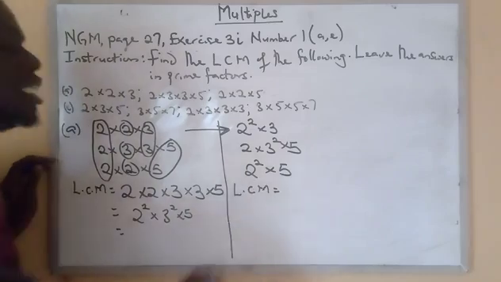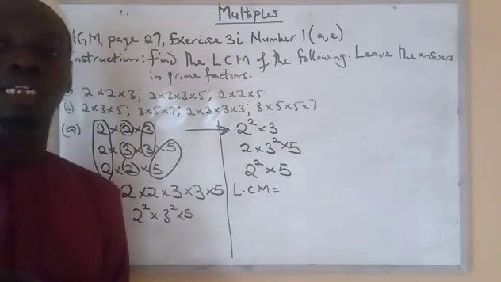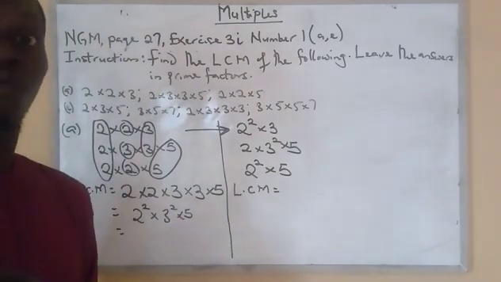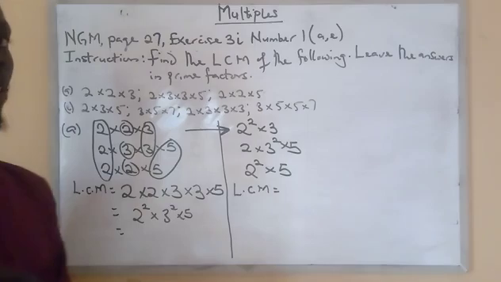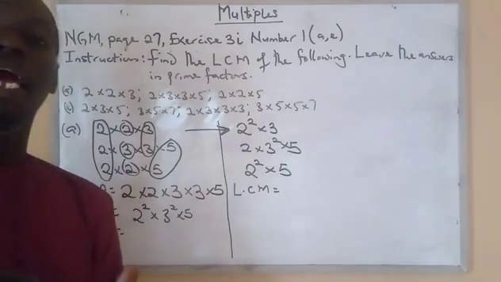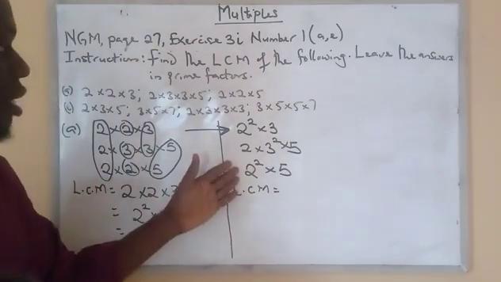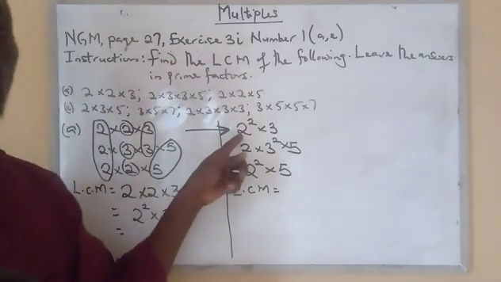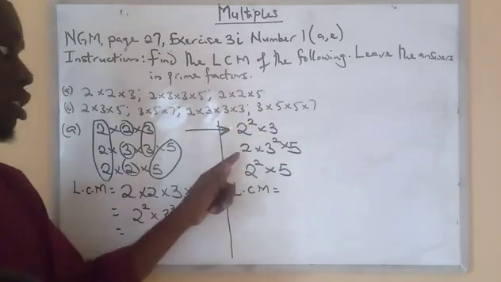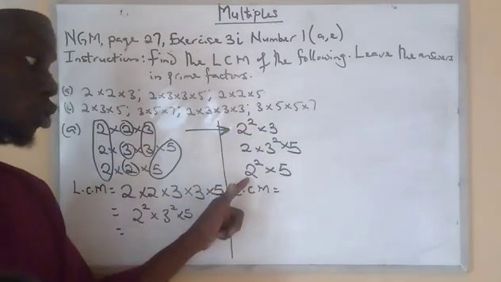You will recall that we did something like this also when we were discussing highest common factors. We said, for us to find the HCF, we pick the lowest power. Look at this one: it has double 2s, 2 to the power of 2. This is a single 2, and this is a double 2.